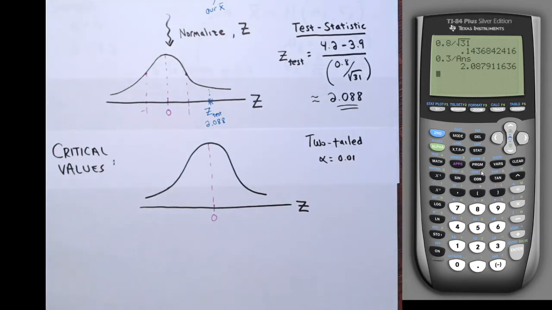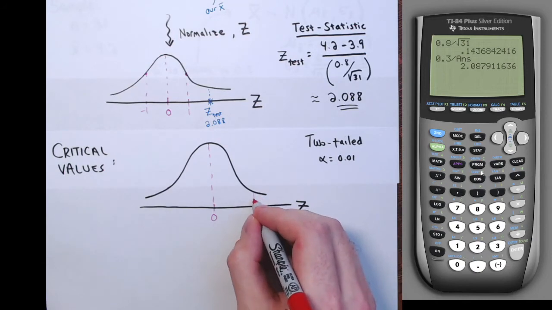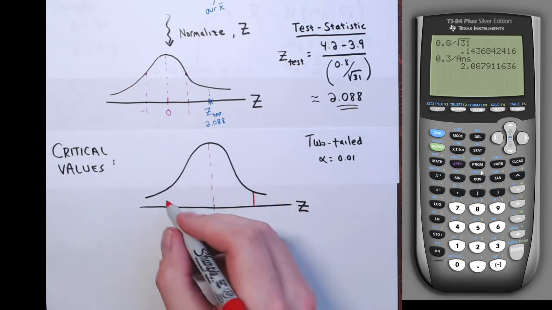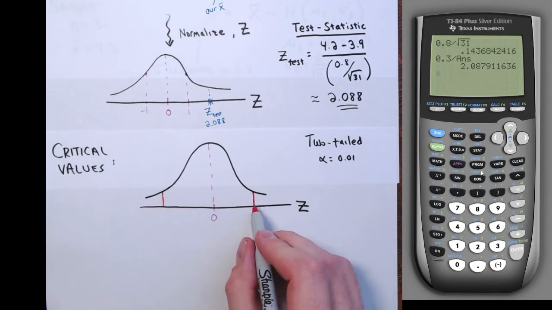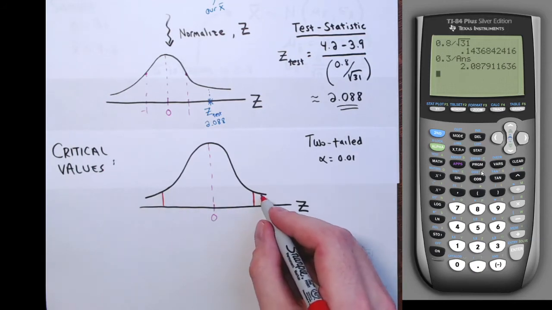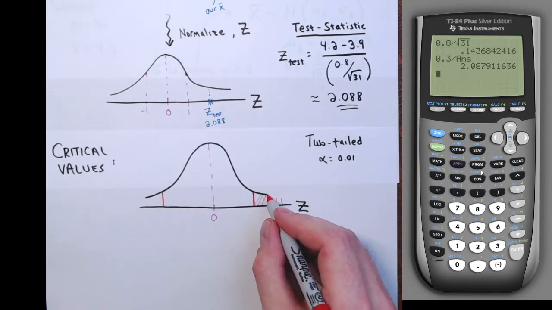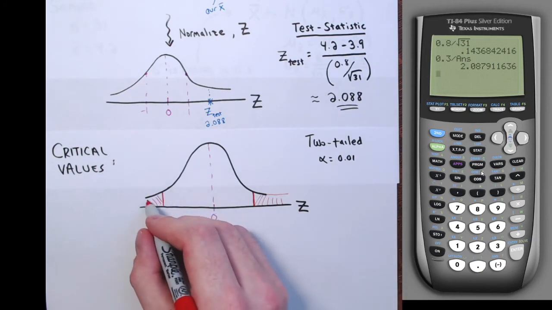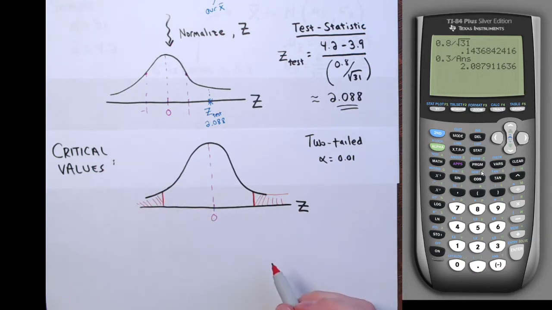I want to find a value to the right and a value to the left at the same distance. It's symmetrical, so that the area to the right of this value plus the area to the left of this value is 1% total.